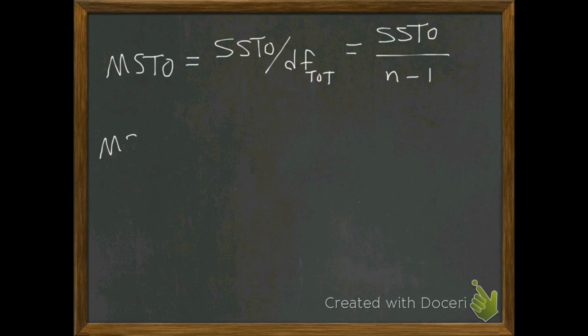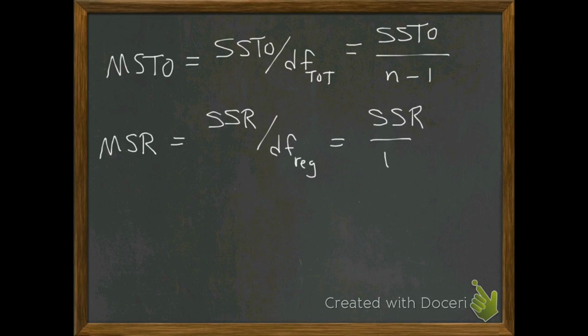The mean square for the regression is the sum of squares for the regression divided by the degrees of freedom for the regression, which is the sum of squares for the regression over 1, which is just simply the sum of squares for the regression. So, guys, if you ever get a test question where you calculate the mean square for the regression, it won't be a tough calculation.